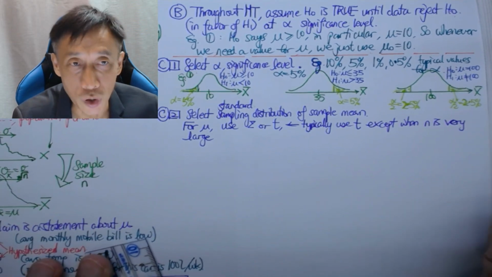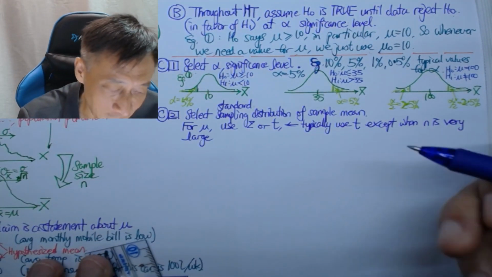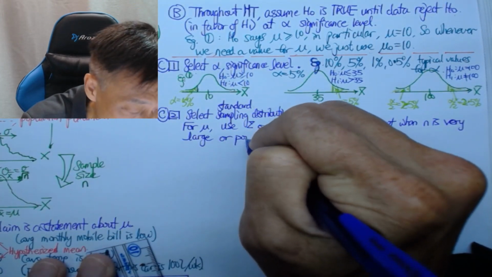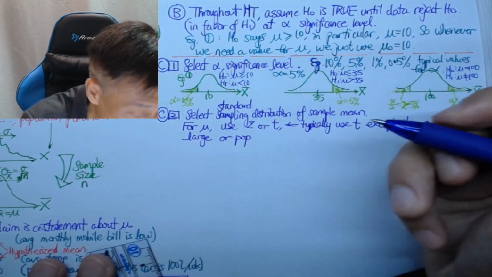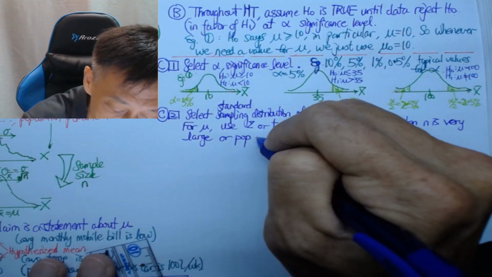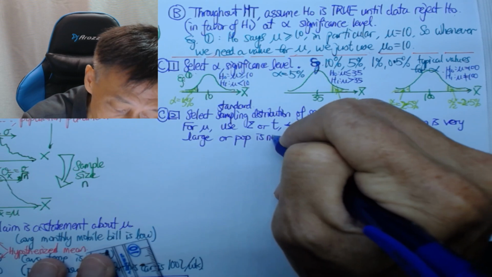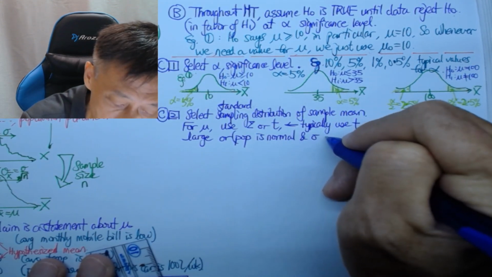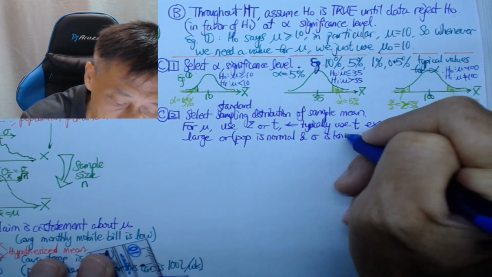And T will approach Z anyway, so it doesn't really matter too much. Or the population is normal, and sigma is known. Typically, sigma is not known.